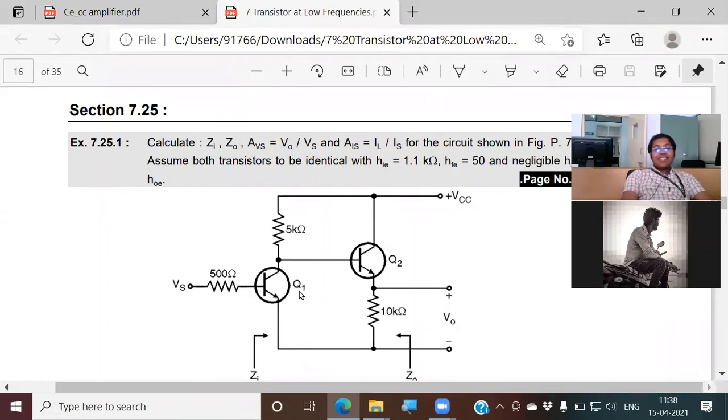This is the first transistor, so the collector of the first transistor, RC1, is 5 kilo ohm. Second transistor, so 2, emitter, so E, RE2 is 10 kilo ohm. Any difficulty? Please tell fast.